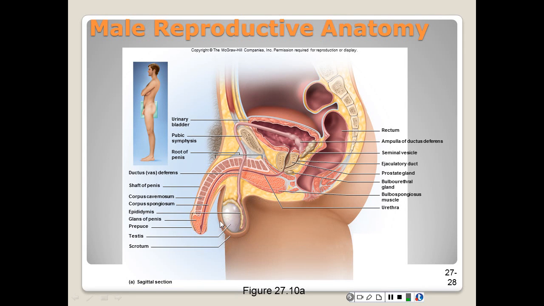So here's our scrotum, and it holds the testes. Now the skin of the scrotum has sebaceous glands, sparse hair, rich sensory innervation, and sometimes a darker pigmentation.